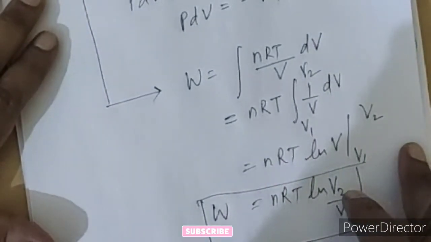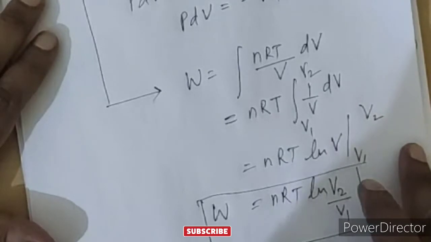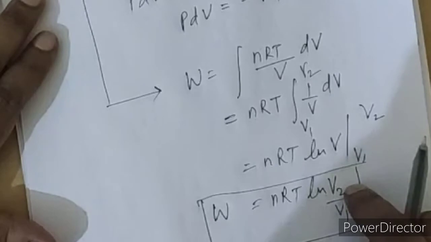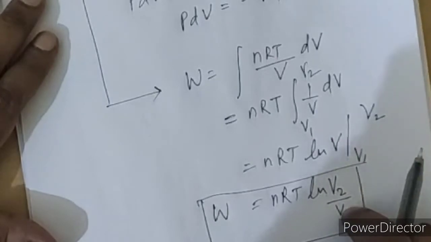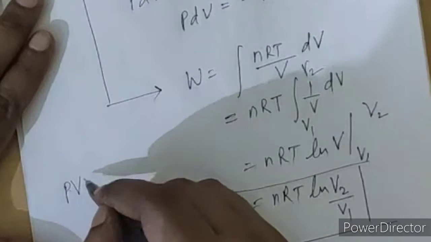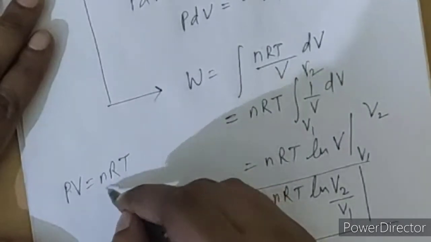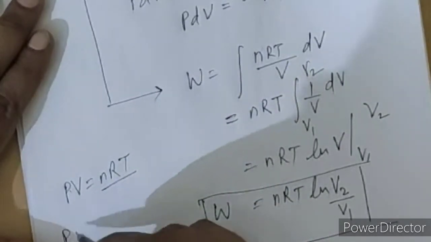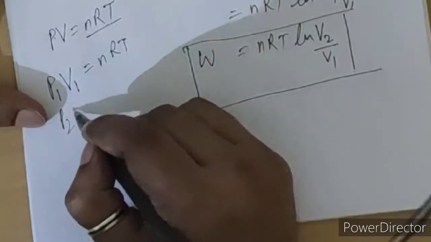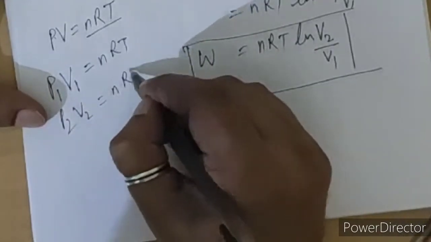And if you want to calculate this in the form of P, then what we do is, since PV is equal to nRT and this is constant, we can write P1 V1 is equal to nRT, P2 V2 is equal to nRT.